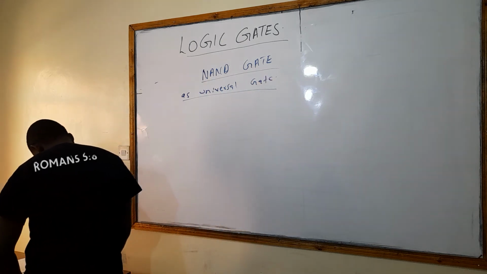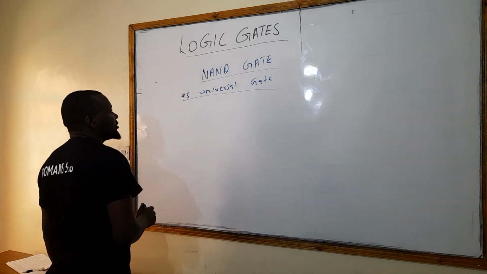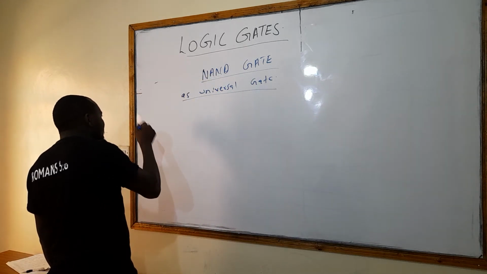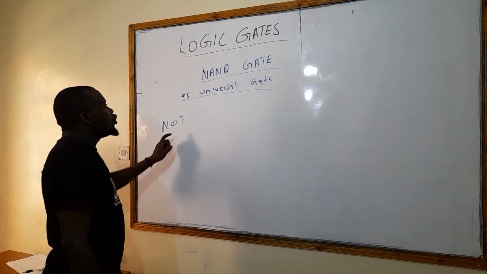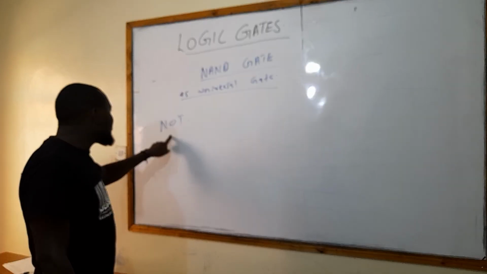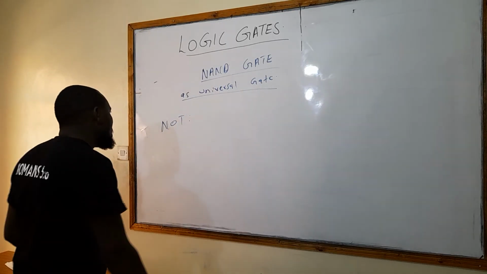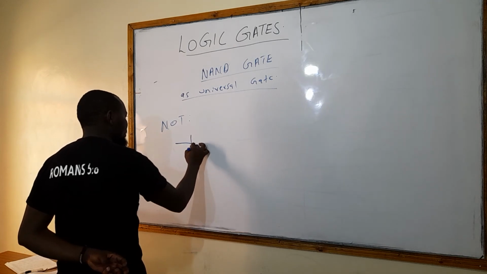A universal gate, these are implemented gates. Now let's start with the first one. You have this NAND gate, but you want a NOT gate. How can you implement a NOT gate using a NAND gate? So, of course, you know how to draw a NOT gate. A NOT gate is drawn like this.